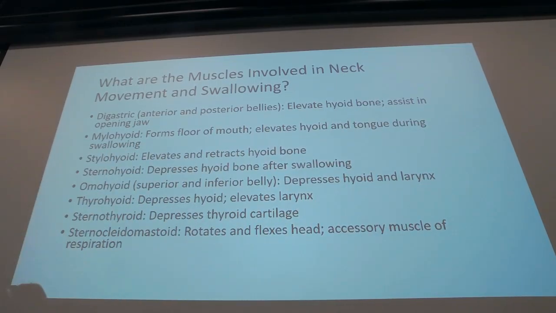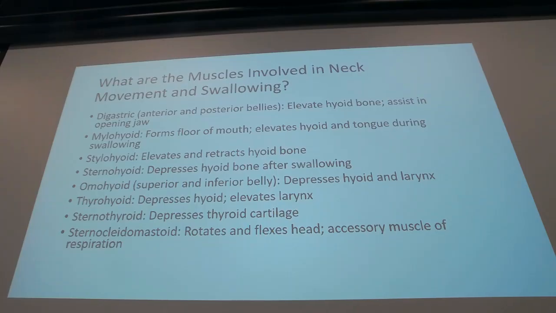Okay, now muscles that involve the movement of the neck and swallowing. We have in the floor of our oral cavity the anterior belly of the digastric, and this one together with the posterior belly helps to elevate the hyoid bone and assist in opening the jaw.